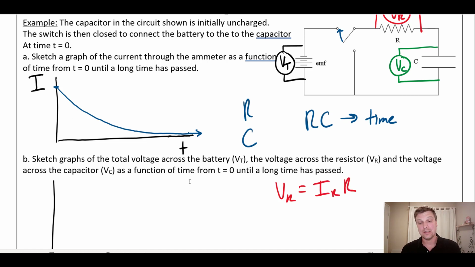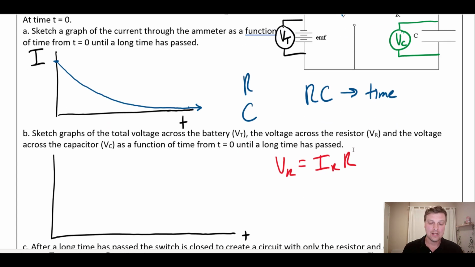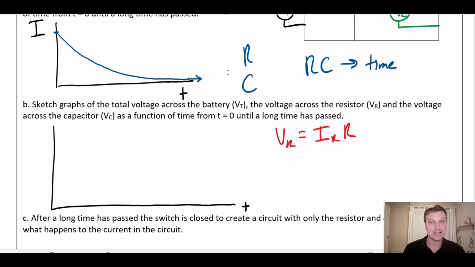The resistance is a constant, but we just saw that the current changes. So the voltage across the resistor is going to mimic the exact same graph we just drew. It's going to start at some large value and drop off asymptotically to 0.